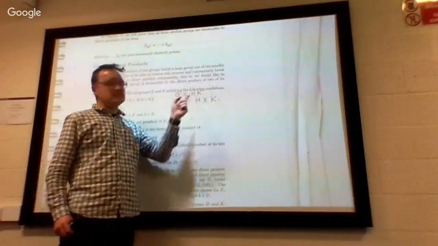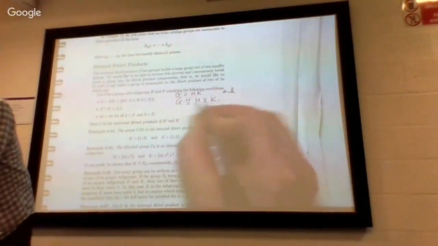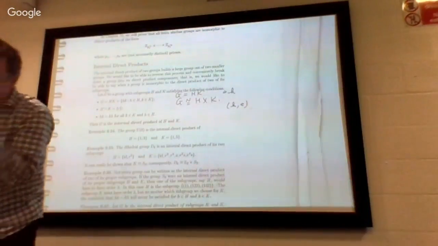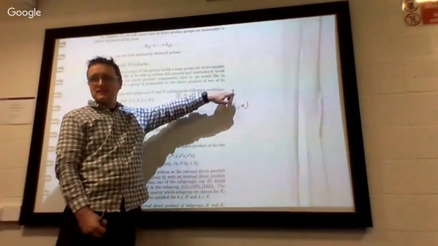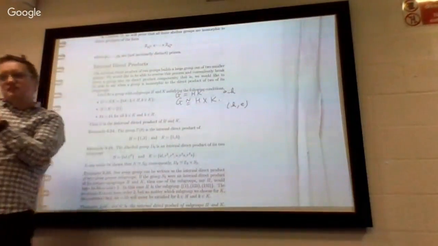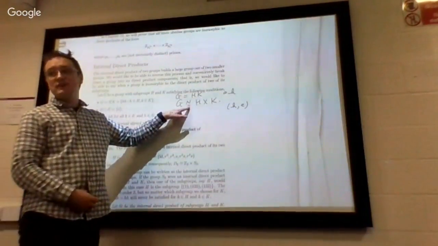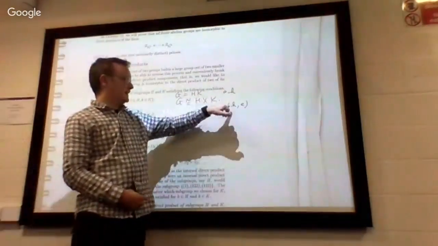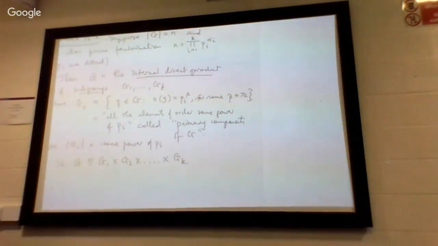Floating around in here, you'll have one element, little h. But floating around in the direct product, the thing that corresponds to that will be the ordered pair (h, e). So it's technically different, but this is mapped to that. So it's this awkward technical, notational difference. That's why we say isomorphic to. And the isomorphism would be sending an ordered pair to the product of its components. Okay. Let's see if we can get this.